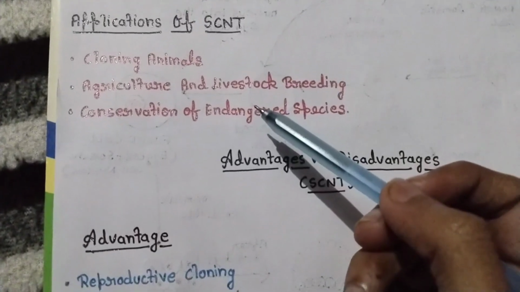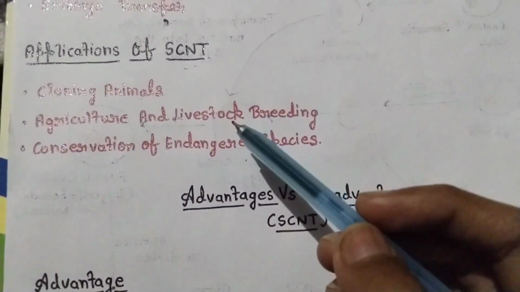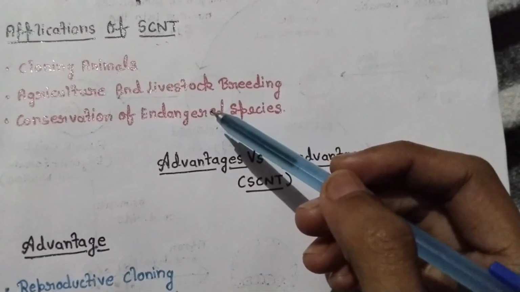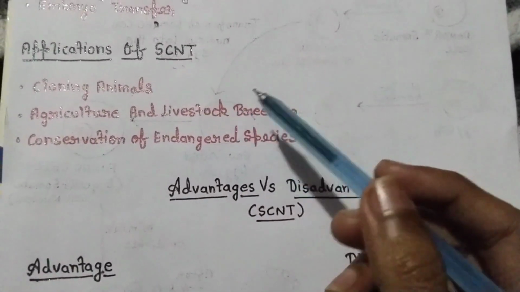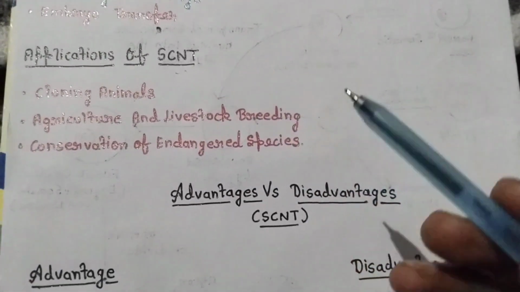In agriculture or livestock breeding, for example, let's say we have a cow that has high milk production, right? So we can create the clone of that same cow to obtain that specific desirable trait.